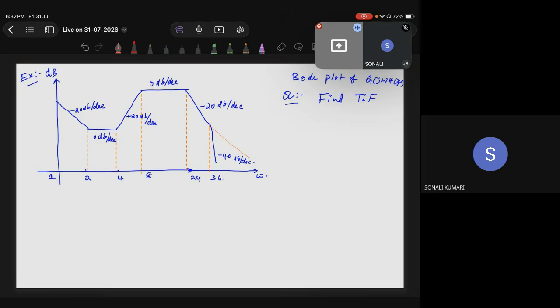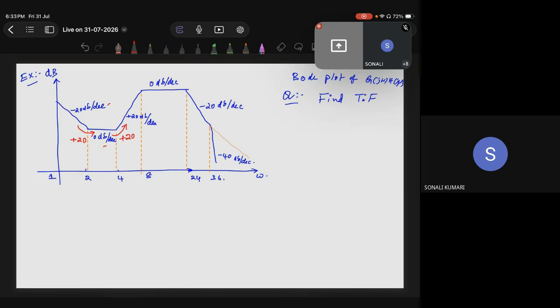Here we have minus 20 starting. From minus 20 to 0, what is the slope change? Plus 20. For minus 20, if you add plus 20, it will become 0. Then from 0 to plus 20, the slope change is again plus 20.